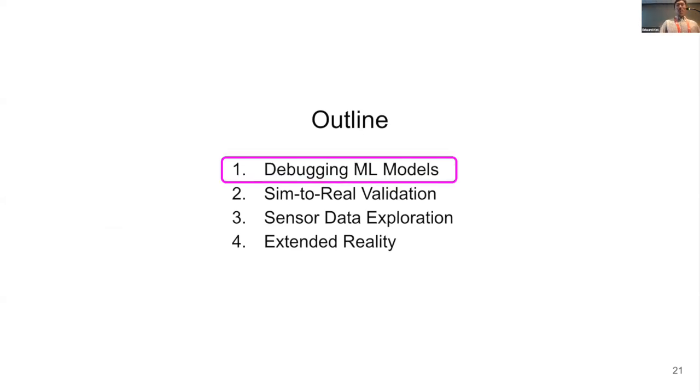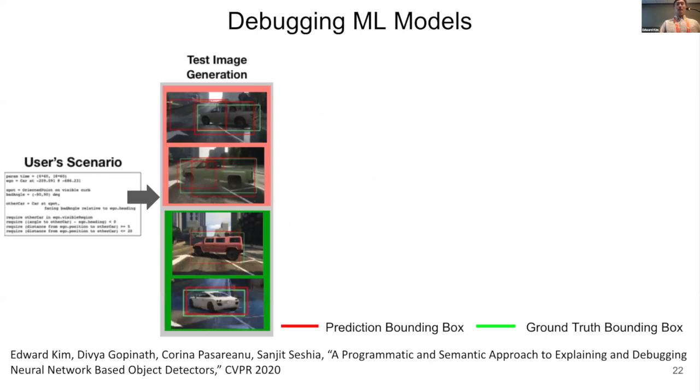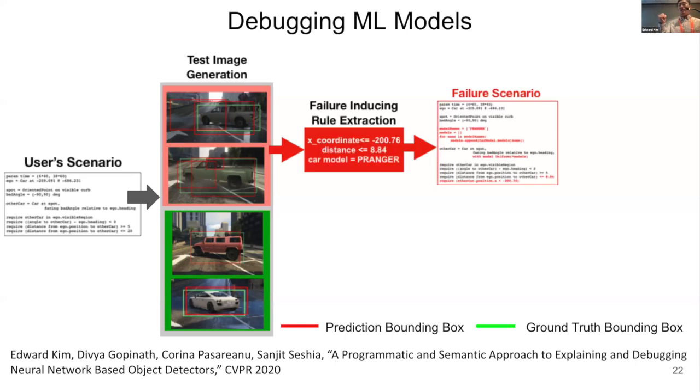So first is debugging machine learning models. This was published at CVPR. Given a user's scenario, with nominal distributions, we generate, for example, 1,000 different images, or many images through a simulator, which in this case was GTA 5. And then we want to infer semantic rules that lead to failure of the system that you're testing, which in this case was a neural network-based object detector.